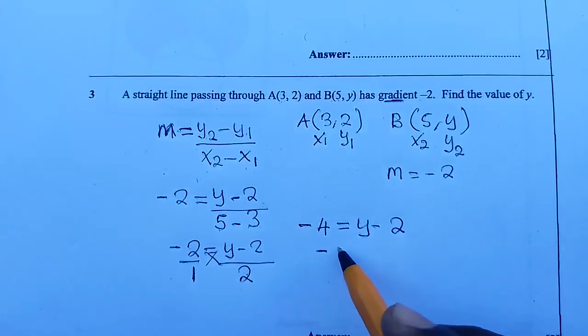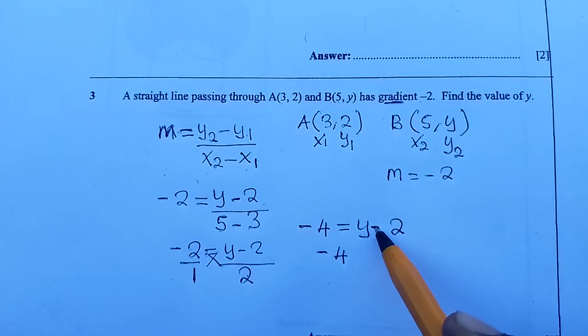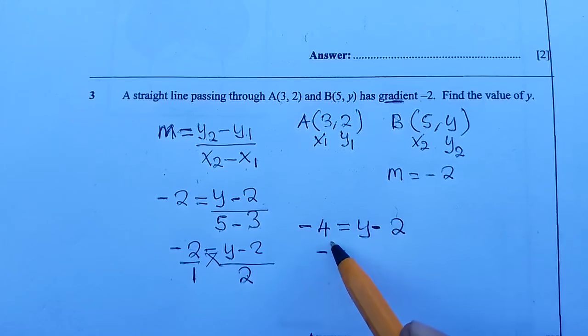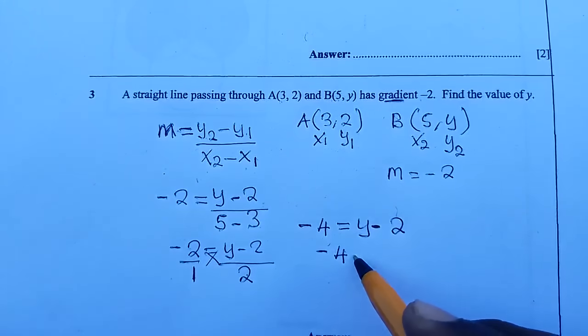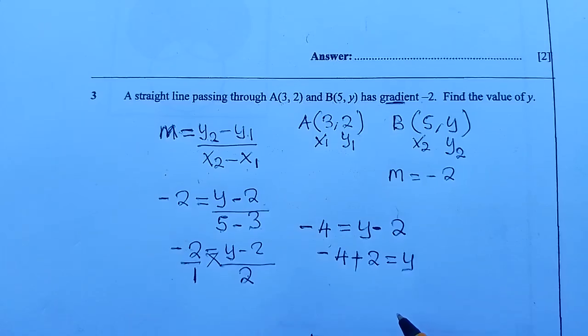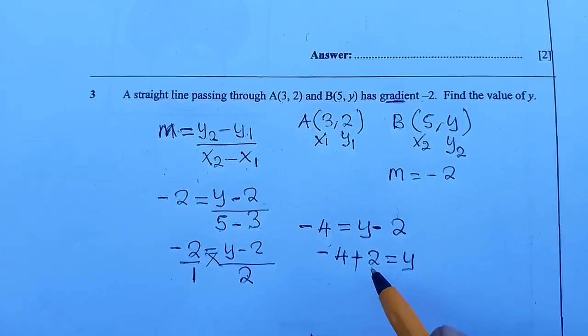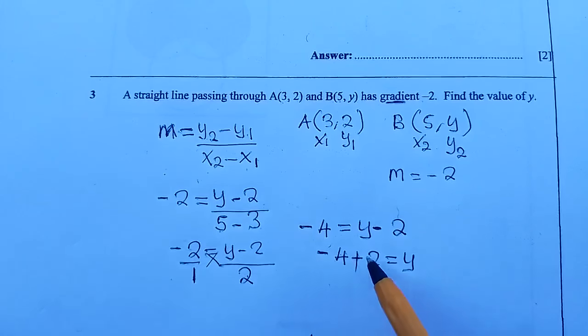So you're going to have -4, then this 2, since it is negative, when it comes this side, it will be positive. So plus 2, which is equal to y. What is -4 plus 2? I told you that different signs, you subtract, then maintain the sign of the bigger number.